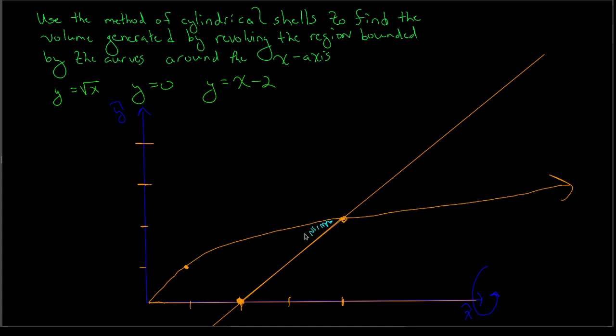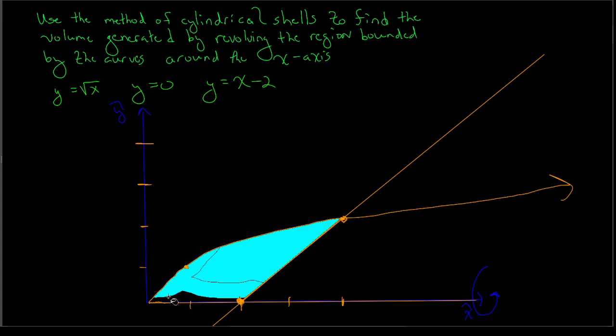Let's see if the paint tool works on this program. Let's see if I use my paint bucket. There we go. Kind of, sort of. That's the region that we're going to rotate to make the volume. Don't know why I have little black bits there, but I do. Alright, we won't obsessively focus on those.